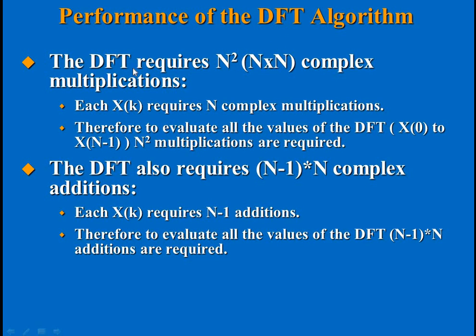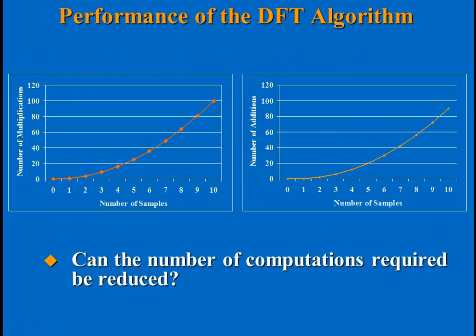For the DFT algorithm, the multiplications required are N times N, that is N square complex multiplications, and N times N minus 1, that is N into N minus 1 complex additions. So this is the performance based on the number of samples.